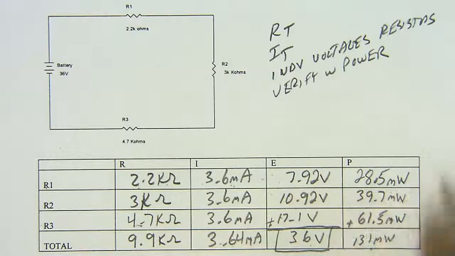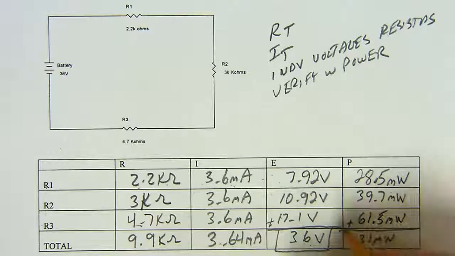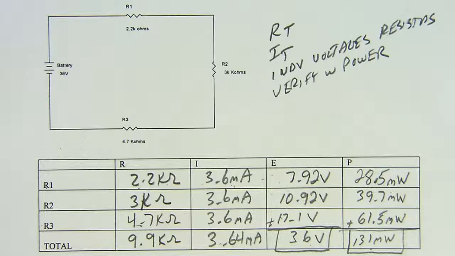So then when we add, we should get the same thing. Ballparking it looks pretty good. So we can be sure of our numbers by double checking them. And this is everything we could need to know about a series circuit. Resistance values, current values, voltage values, power values.